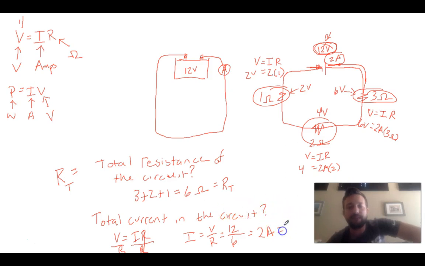And so you might put an I with a sub t. My total current here was 2 amps. Then after you know the totals for all of these, like we have the total voltage, which was 12 volts. And then when you have the total resistance, which in this case was 6 ohms. And then you have the total current, which in this case was 2 amps.